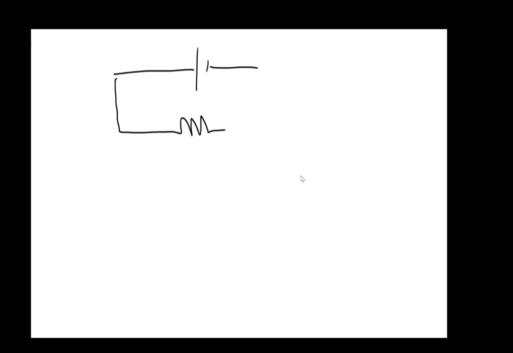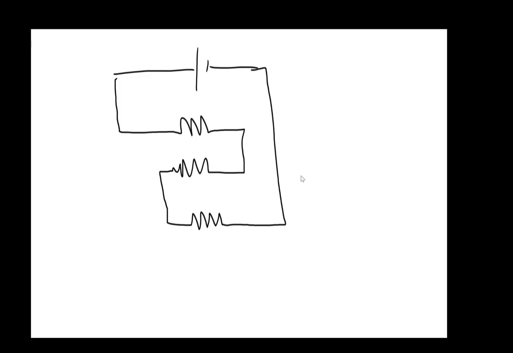You have one resistor here that's connected to another resistor. Now when you look at these resistors, they've changed the schematic, but what exactly are they? Are these resistors in series or are they in parallel?